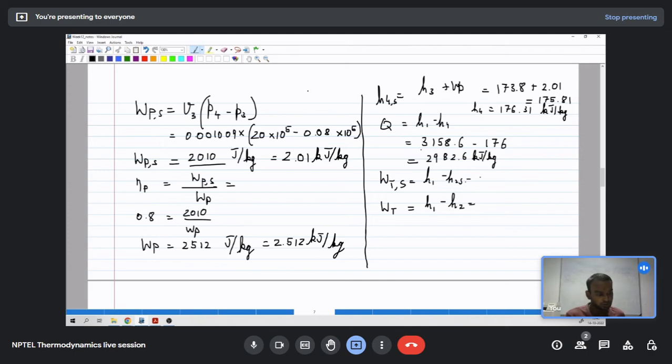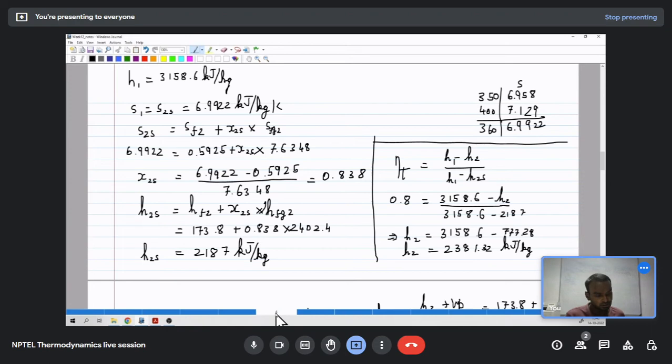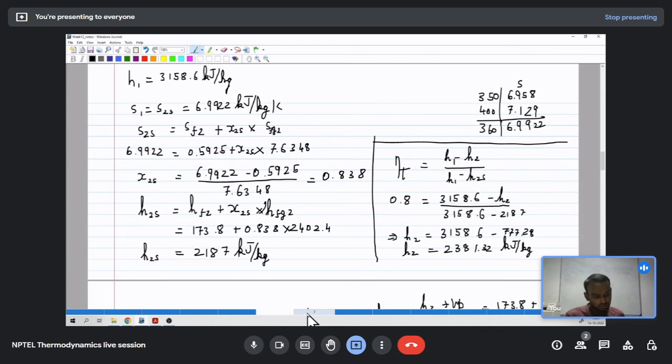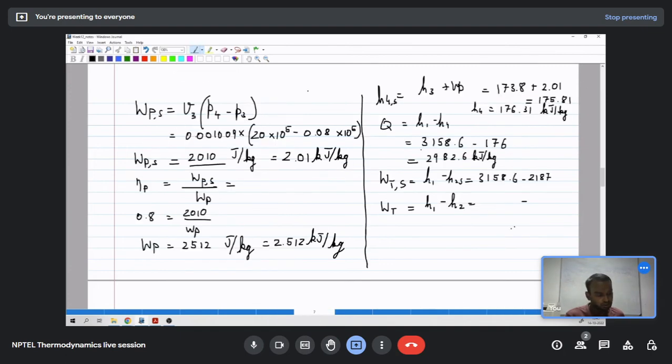So in both cases 3158.6 minus, H2s is 2187, and for H2 it is 2381.3.